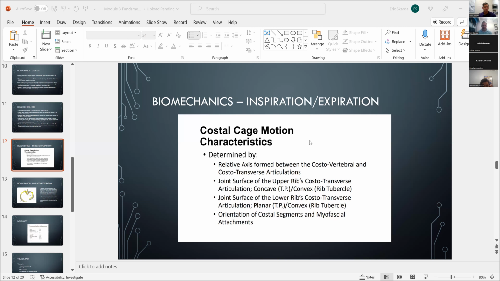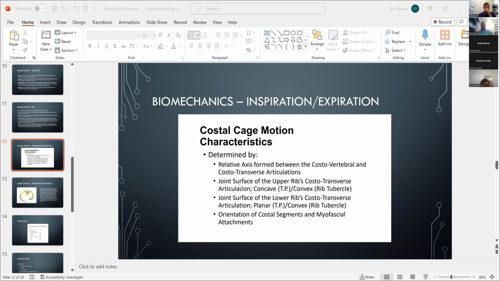So, cage motion characteristics. I think I screenshotted this and took it directly out of Gail's material, so you should have at least something similar somewhere in your course materials. But it's good to look at this from the perspective of upper versus lower ribs.